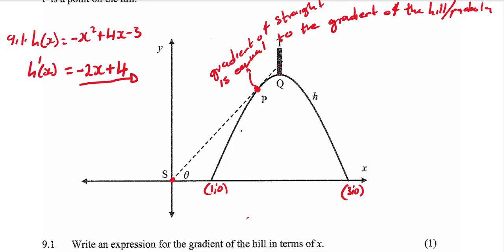This thing is a parabola. We all know. So we know that their gradients are equal at this point, because it's their point of contact.